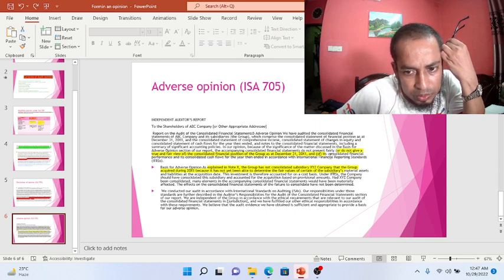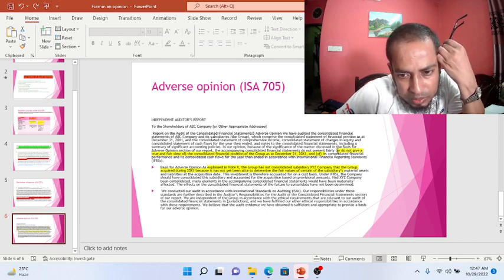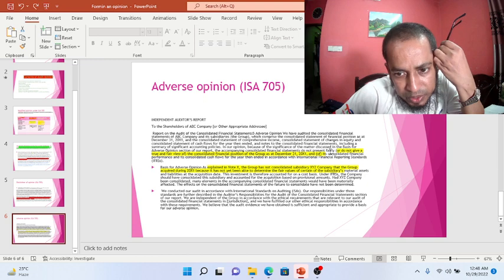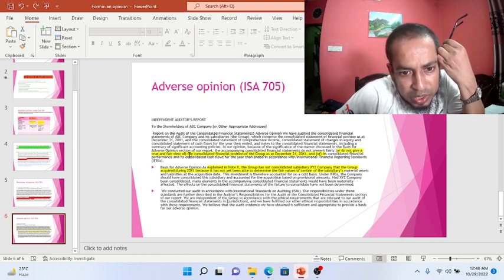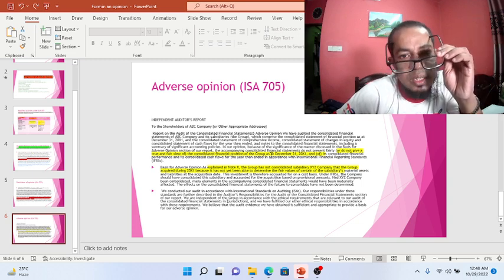So please give attention to the line, which you should also report and write: in our opinion, the consolidated financial statements do not give a true and fair view of the consolidated financial position of the group as at 31st December.